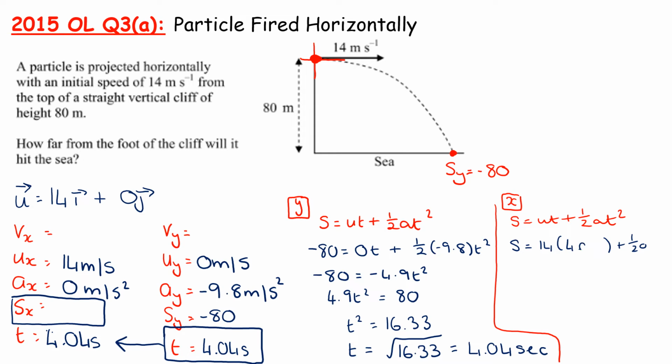A is 0 and then t squared, 4.04 squared, but that's all gone because that's all multiplied by 0. So we get 14 by 4.04 and we end up with our s is equal to 56.56 meters, which is how far it is from the foot of the cliff. So that's our sx in this question.